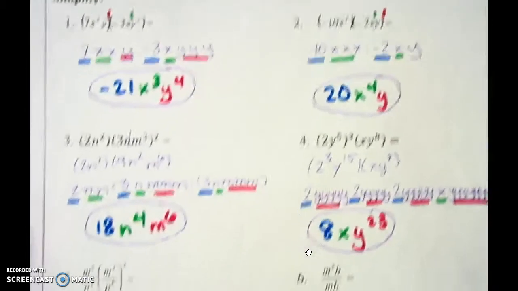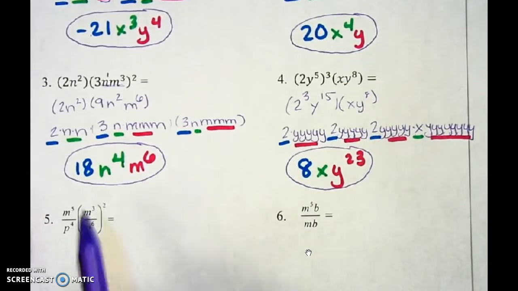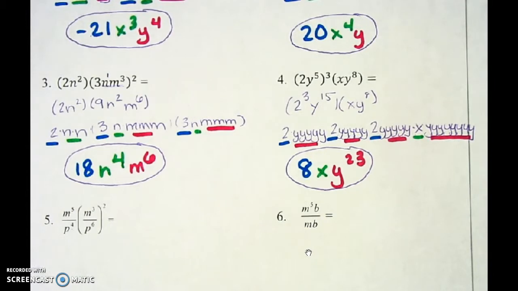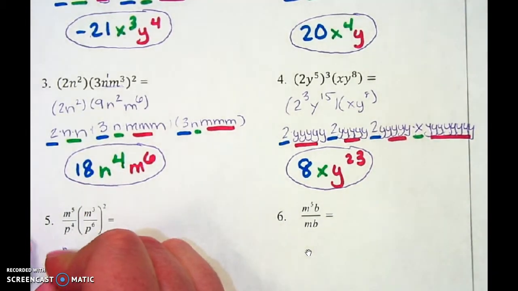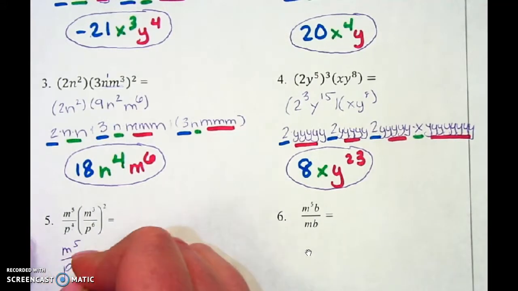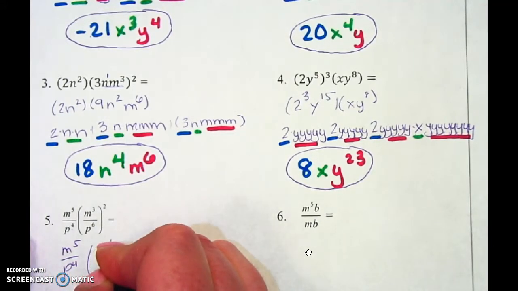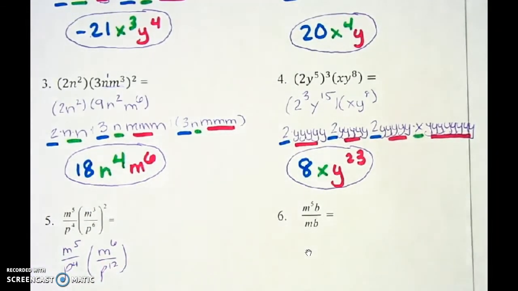Okay, we got 2 more. All right, I'm looking for m to the 5th, p to the 4th, and then this is in parentheses, so this is happening multiple times. So m to the 3rd squared, I'm going to leave this guy alone, would mean m to the 6th, p to the 12th. So 3 2 times would make 6, 6 2 times would make 12.